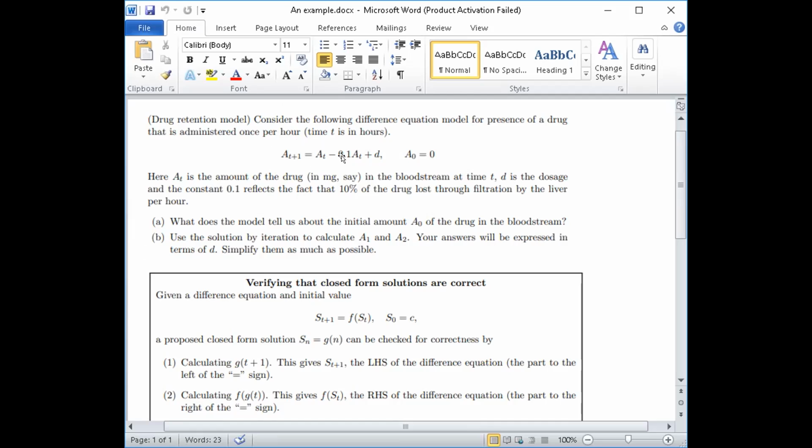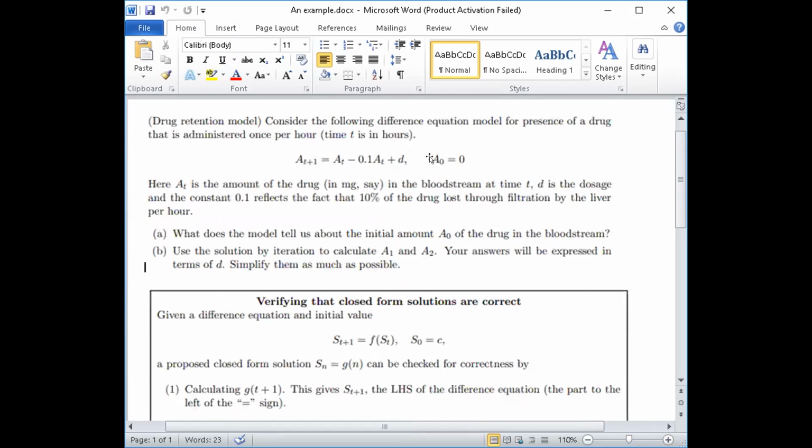Let's read this out. A_t is the amount of drug in the bloodstream at time t. D is the dosage. And the constant 0.1 here reflects the fact that 10% of the drug is lost through the filtration by the liver per hour.